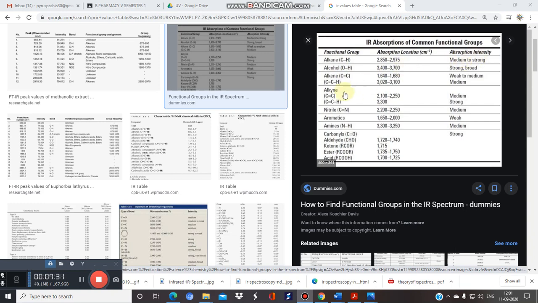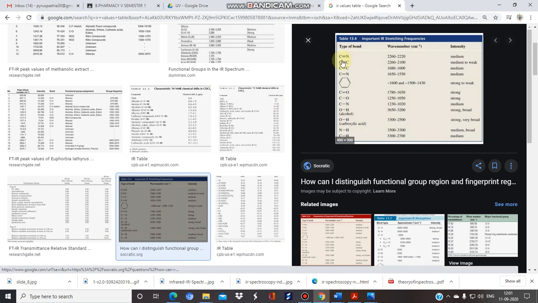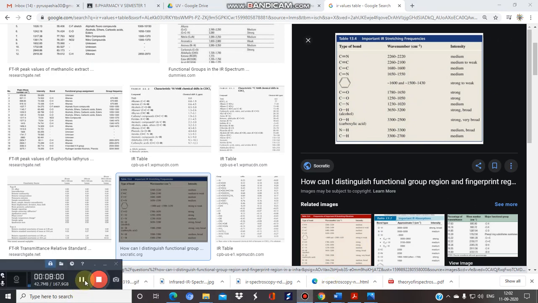Then intensity is medium to strong. Then alkene is there, alkyne is there. So we already have this database with the values of all these functional groups. So we can compare these values with our sample and easily determine the functional group. Just in this way, see, C triple bond has wave number around 2260 to 2220. C double bond is there, C single bond. So it has a fixed value, and we already have these databases available with us.